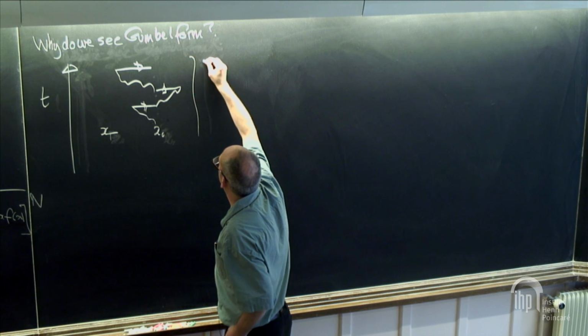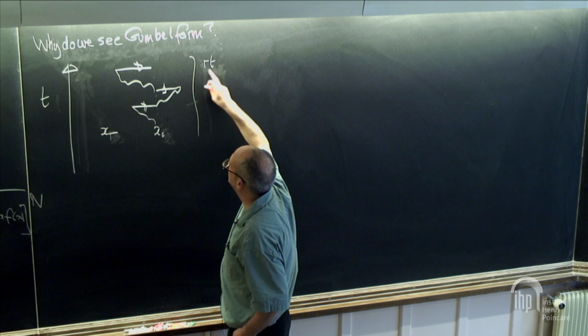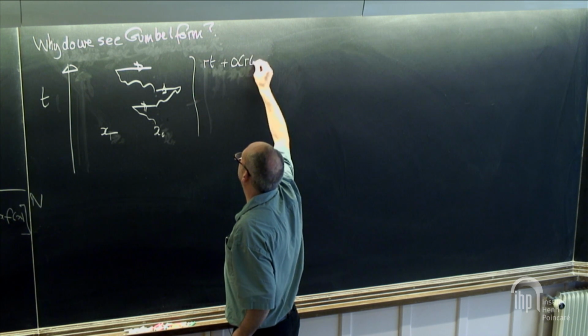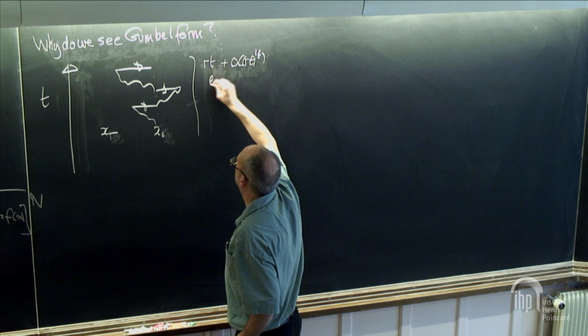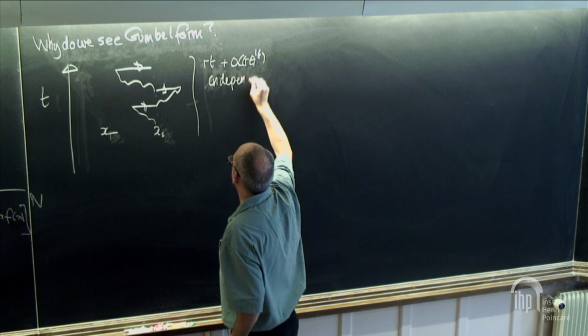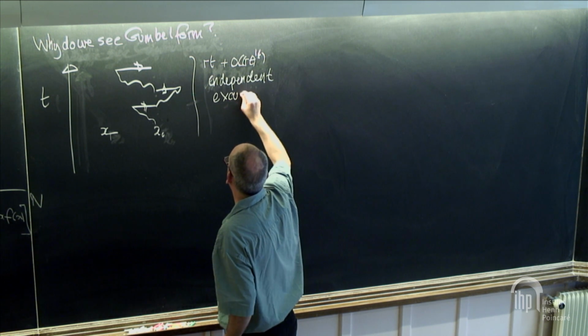So we have, if you think about it, resetting with rate r. So in time t, there'll be rt plus some correction of order rt to the half, independent excursions.